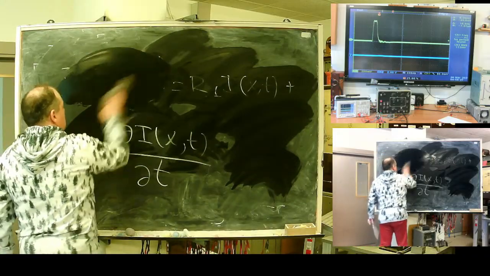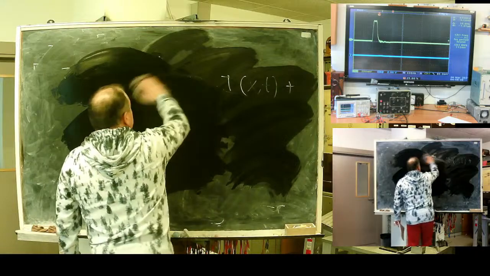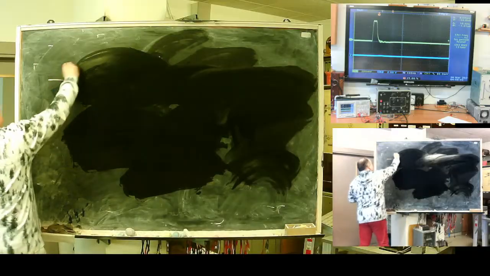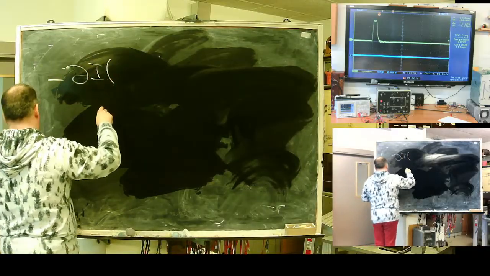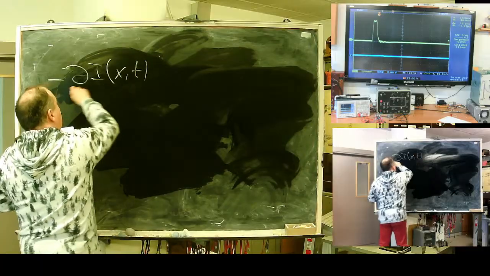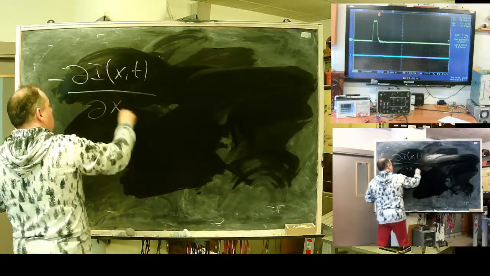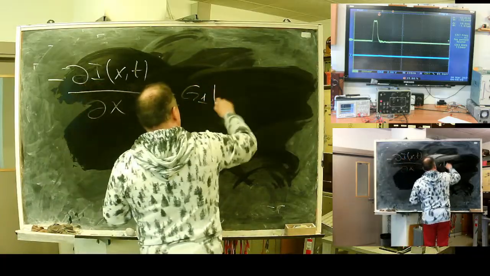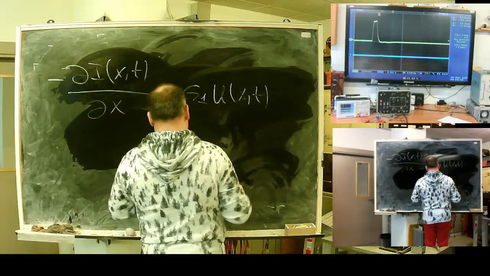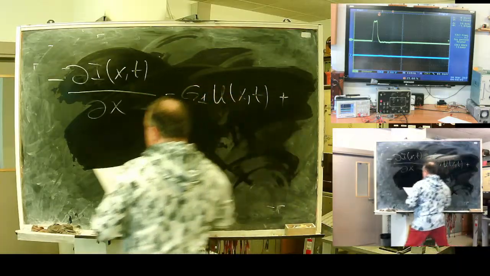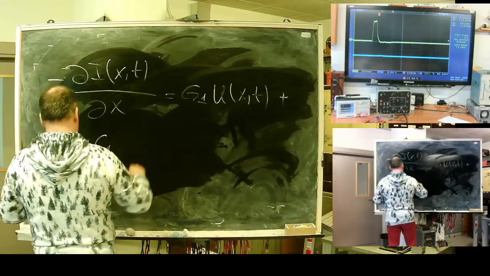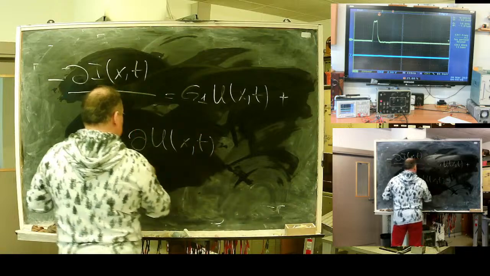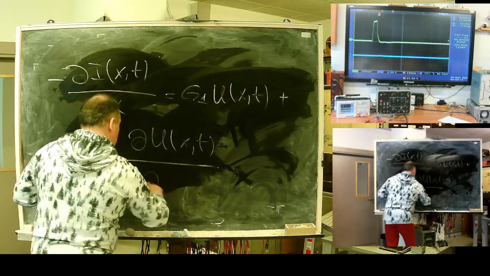Equation number 2. Two equations. The second equation is partial differential by length of current equals G1 voltage as a function of distance and time, plus C1 partial derivative of voltage by time.